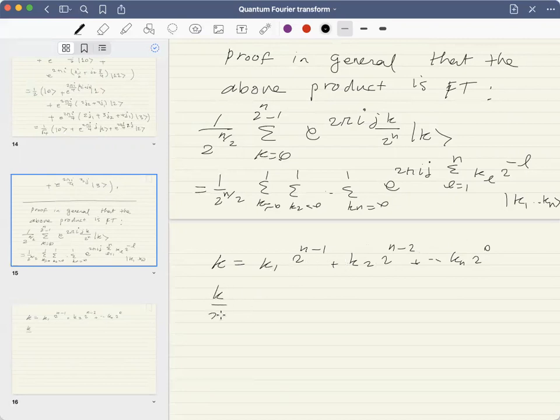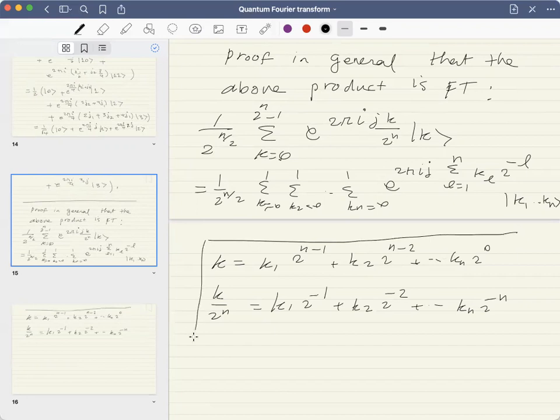So then k over 2 to the n is going to be k1 2 to the minus 1 plus k2 2 to the minus 2 plus kn 2 to the minus n. So that's precisely what this sum here represents. Okay, that's just an aside to show that sum. So let's continue.